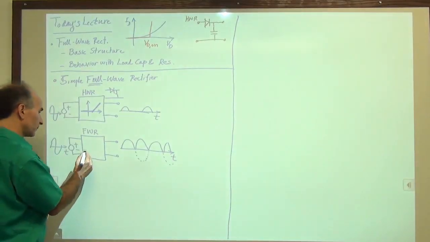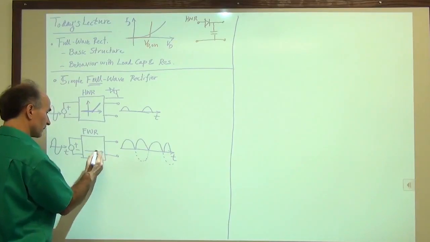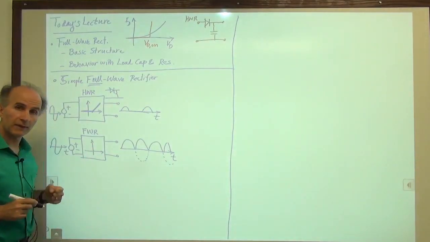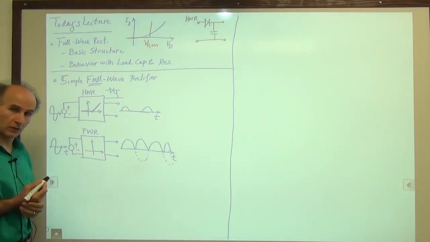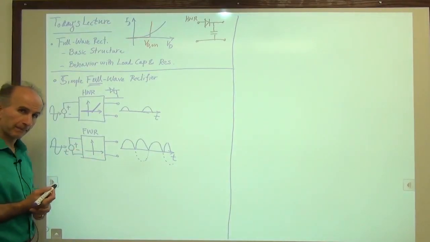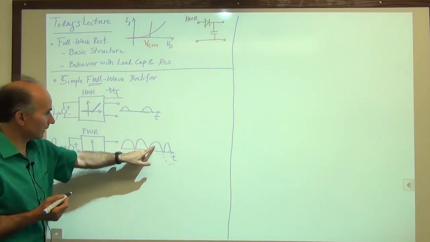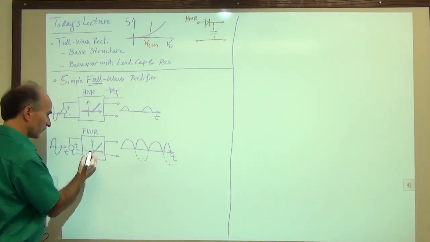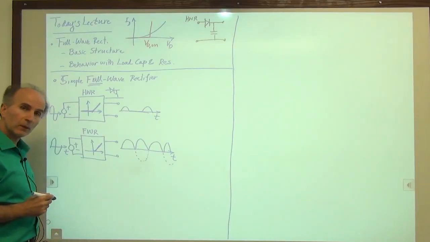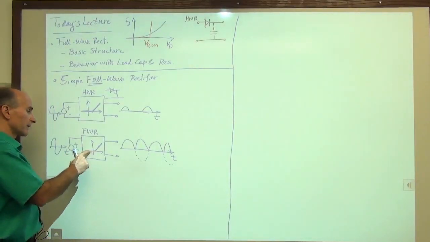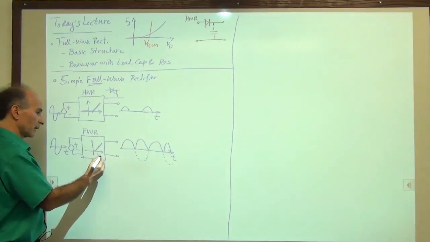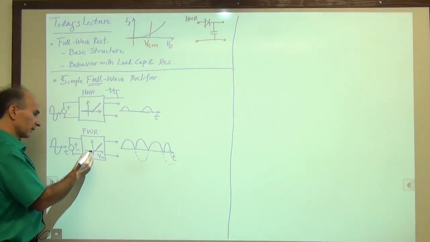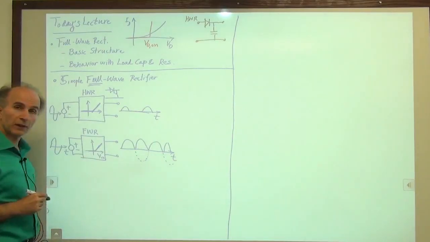All right, so let's try to guess at this point. It's just a guess, but doesn't hurt. Let's try to guess what this input-output characteristic should look like. Okay, so we still have these coming out, so that part hasn't changed. That part is like before. But when the input voltage becomes negative, so remember, this is the input axis. When the input voltage becomes negative, what do we want?